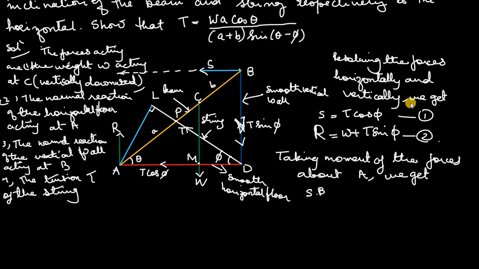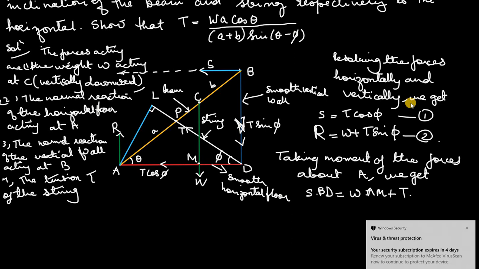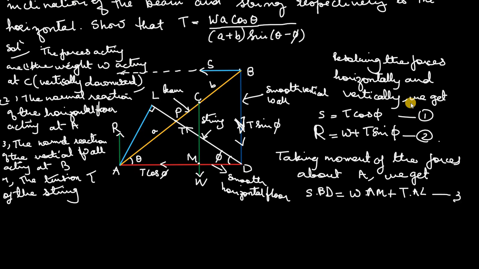So S into BD is equal to W into AM, the perpendicular distance of the force W from point A, plus T, the tension of the string, into its perpendicular distance from A, which is AL. Name it as equation 3.